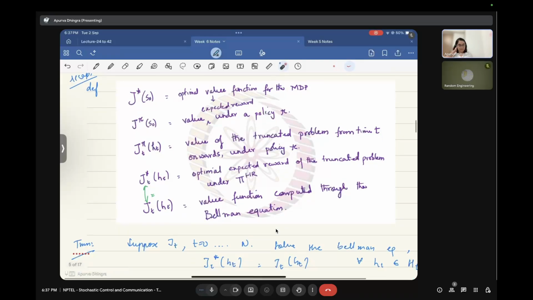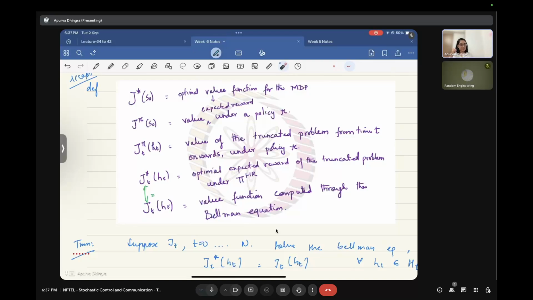And the theorem that was talked about in the lectures was that this optimal value, the optimal expected reward, where you're considering from time t till the end, till n minus 1, what are the optimal actions in that range, that is captured by j star of t of ht, while jt of ht is just the Bellman equation that we wrote before.